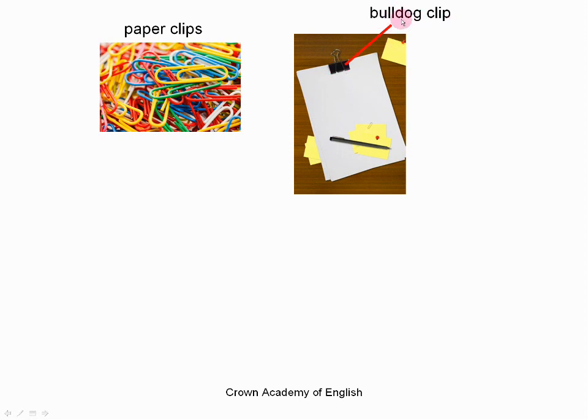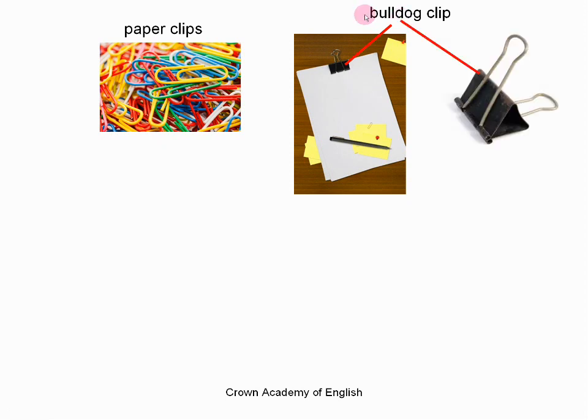And bulldog, yes, that is the same as the breed of dog, of animal. I'm not sure why we call it a bulldog clip, but that is the name. So here is a larger photograph. So at the top here, this is called a bulldog clip.